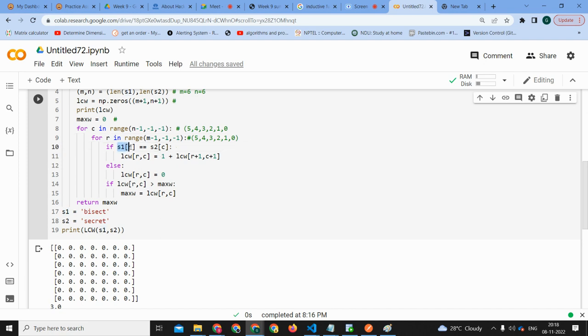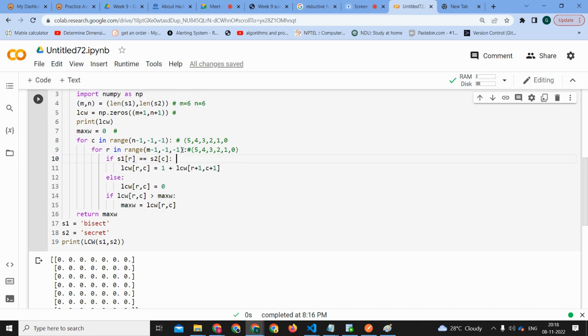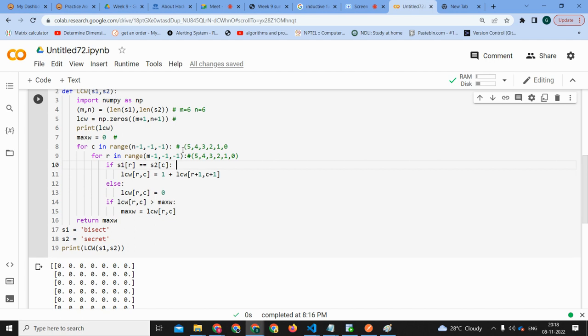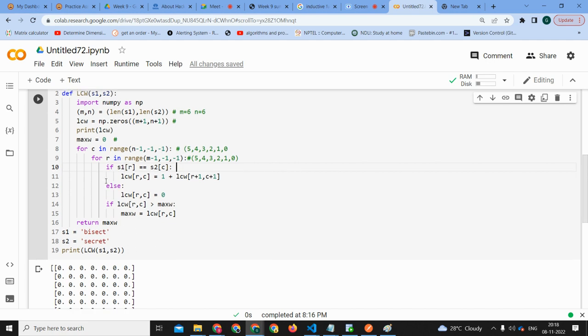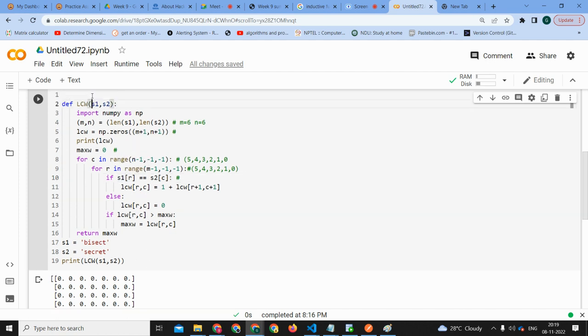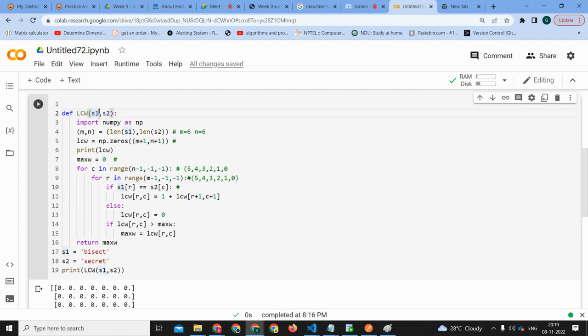All right. So let's come here. If S1 of R, the row of the first word, is equal to S2 of C. So S1 is the first word and S2 is the second word, right? We give two inputs.